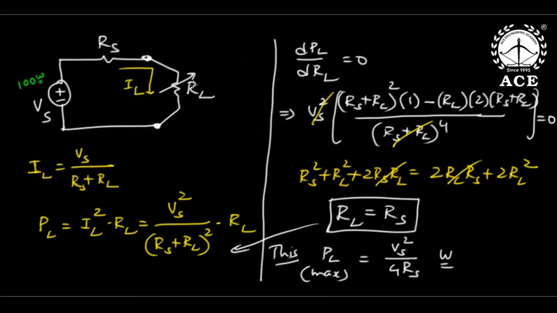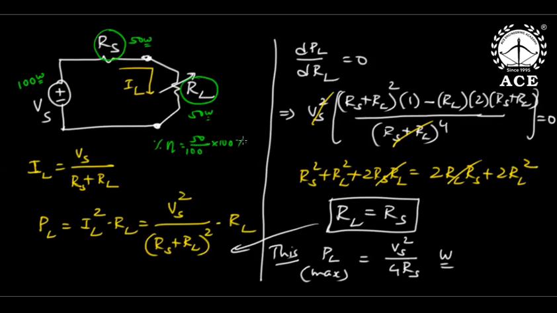Because both are equal, RS equals RL, this will consume 50 watts and this will also consume 50 watts. Efficiency is output by total input. Output is 50 watts only, but total input is 100 watts, times 100, so it is 50% only.